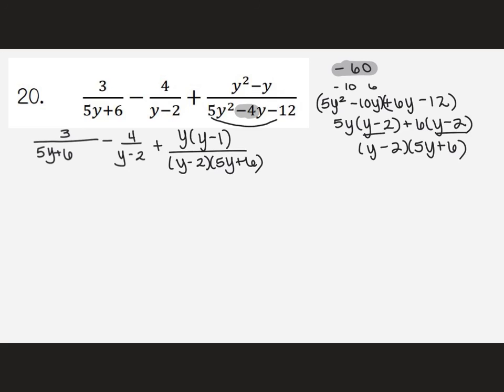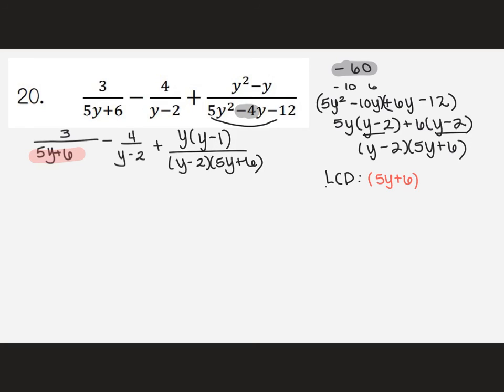Once this is fully factored, I look for an LCD, and so I'm going to start by writing down the entire first denominator. So I'm going to write 5y plus 6.